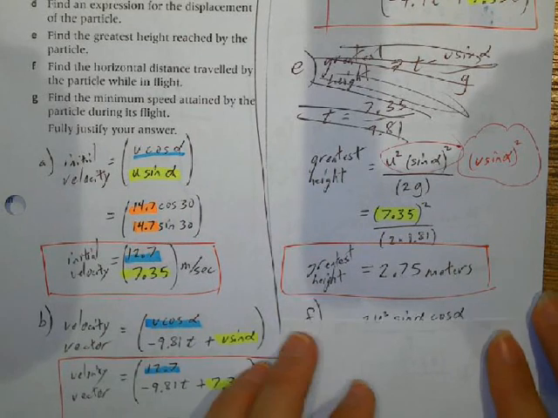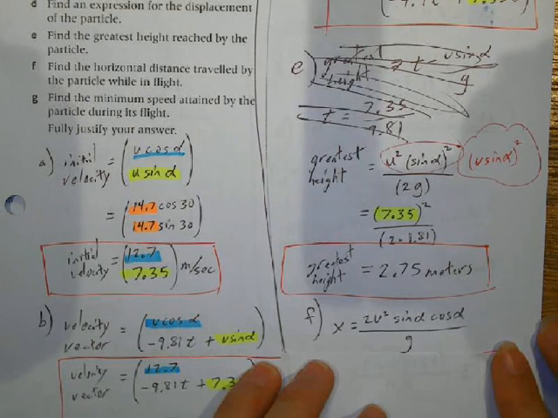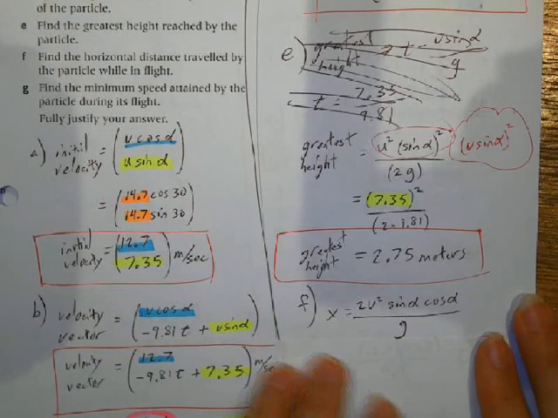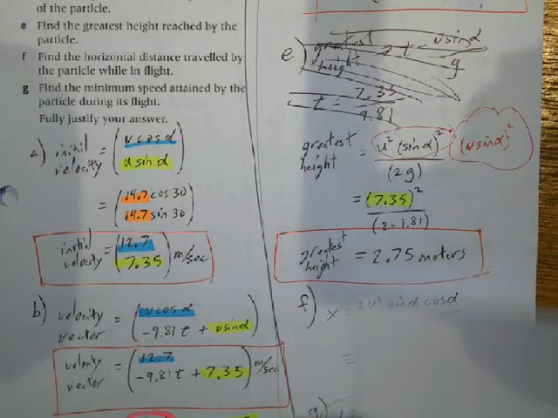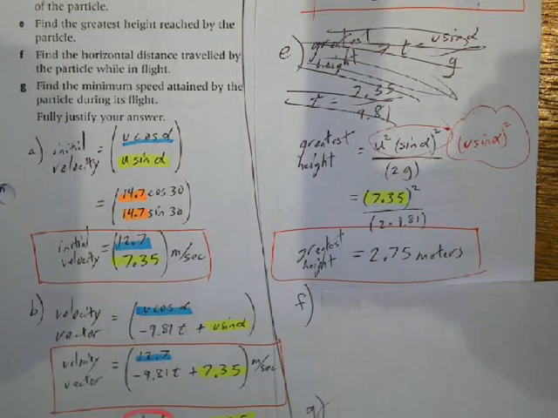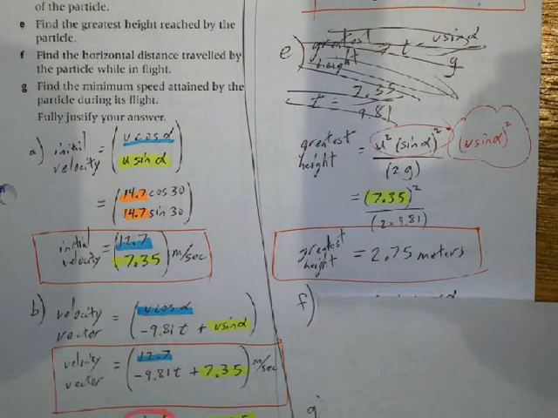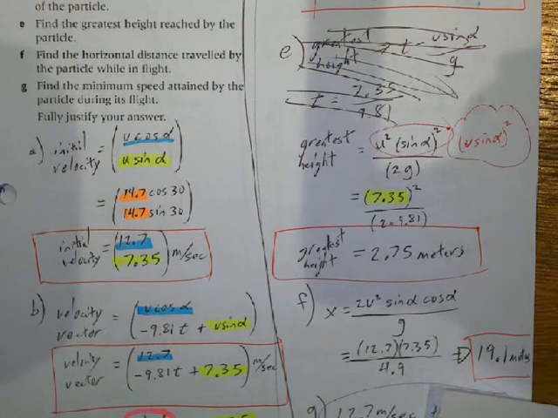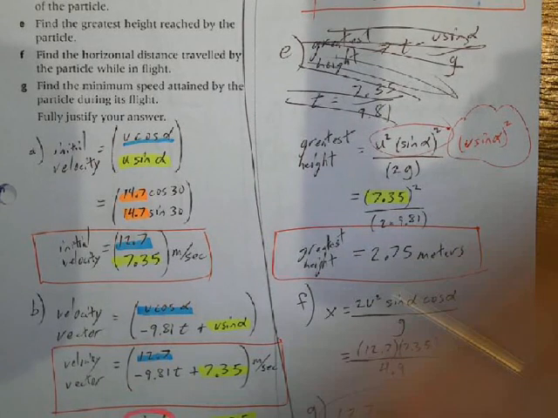So first I need to figure out what did I do here? Find the horizontal distance traveled while the particle is in flight.